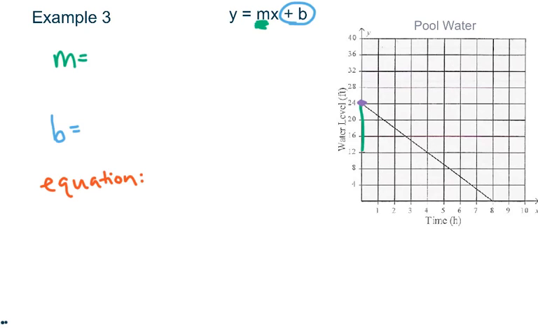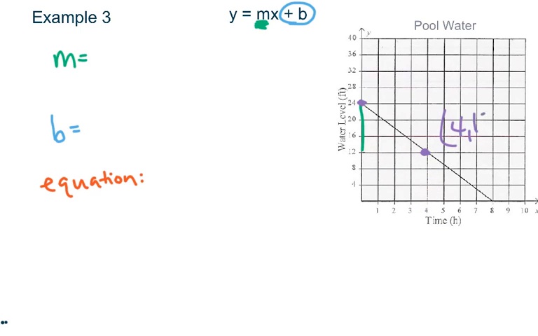So here, I know that this is 24 going up the y-axis, and it's 0 on the x-axis. If I'm sliding down this line, I don't know what all the points are until I get to this point, because I know that on the x-axis it's 4, and on the y-axis it's 12.